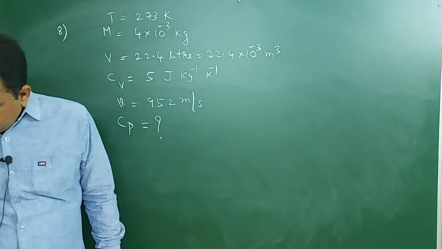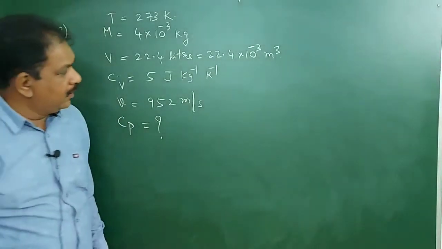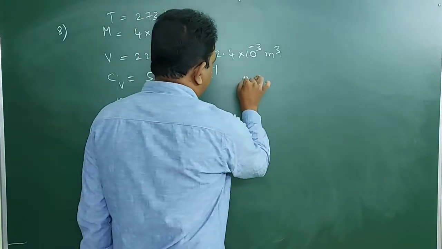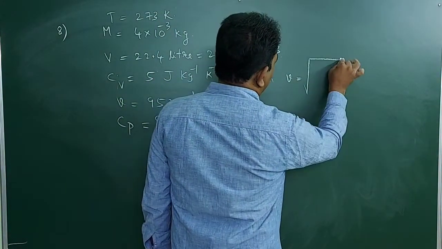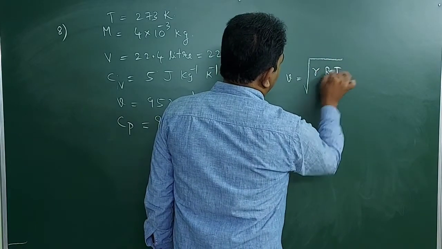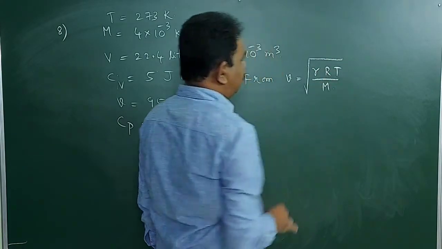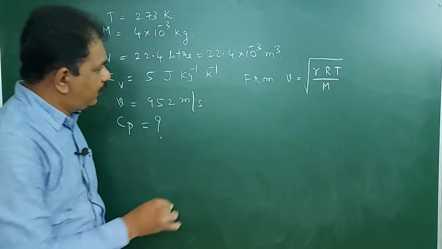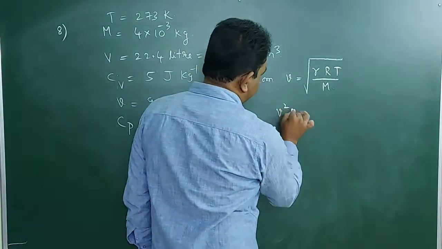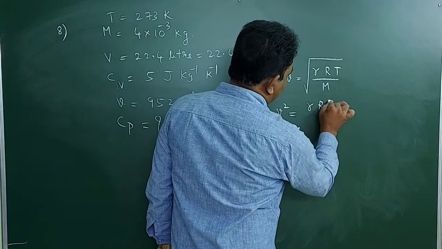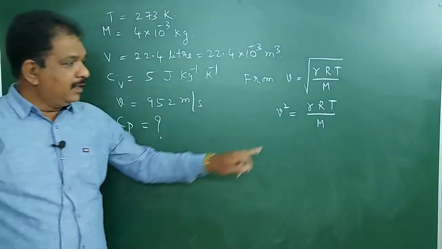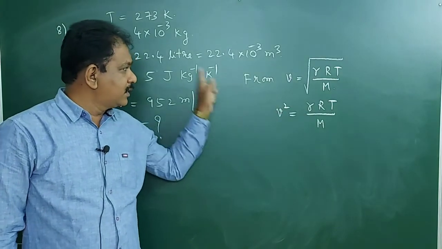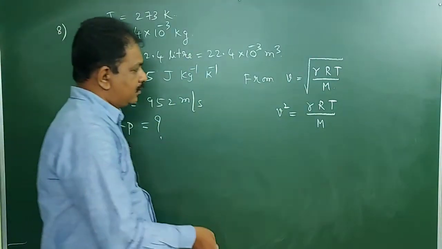So using that you calculate the gamma value. What to do? See, V is equal to square root of gamma RT by M. V square is equal to gamma RT by M. You find gamma value by substituting these values.